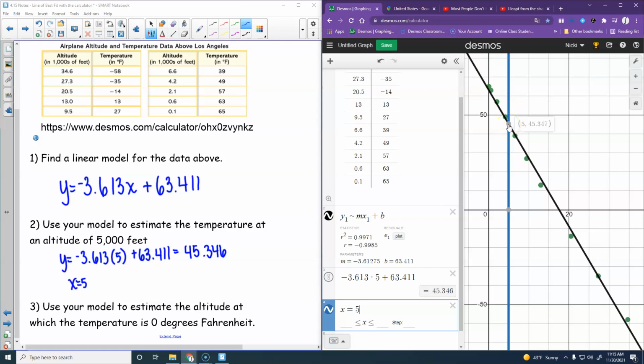If I put my cursor on that point, it will tell me the exact value. It's actually just a little bit different because we rounded for this number, but we did not round over here. And so you can see you've got 5, and then you get 45.347. So you could do that straight off and not even have to type everything in. Right?